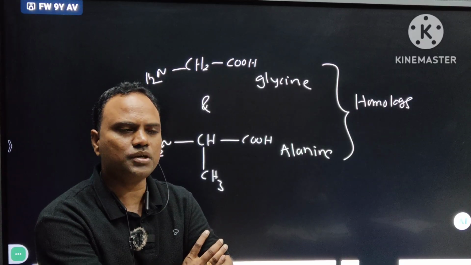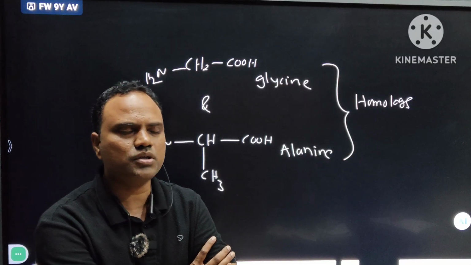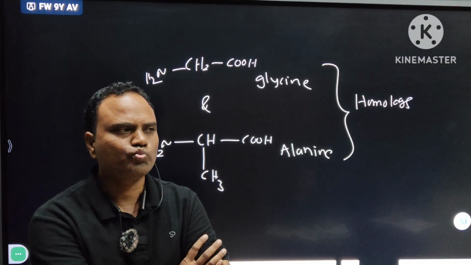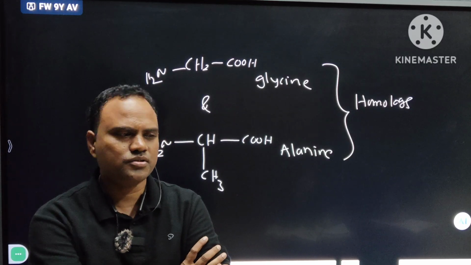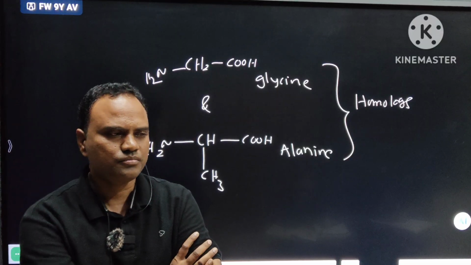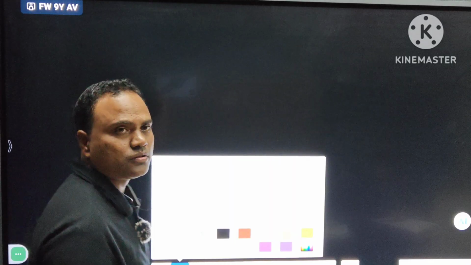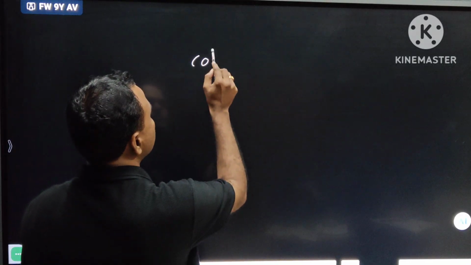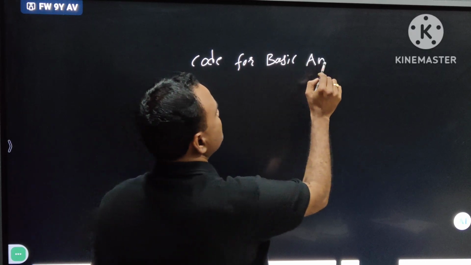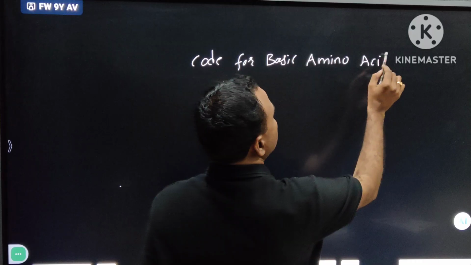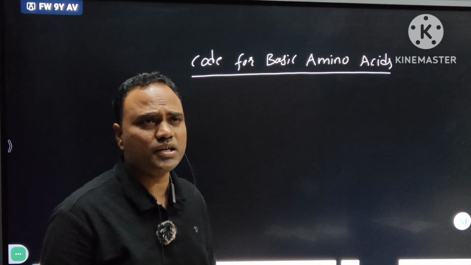Okay. Now let us see some other important amino acids, like basic amino acids code and aromatic benzene ring containing amino acids. Now keep writing code for basic amino acids. Amino acids are again classified into two types, basic and acidic.